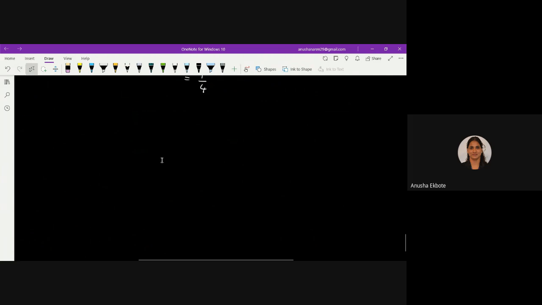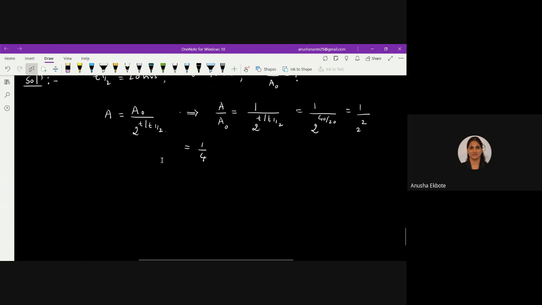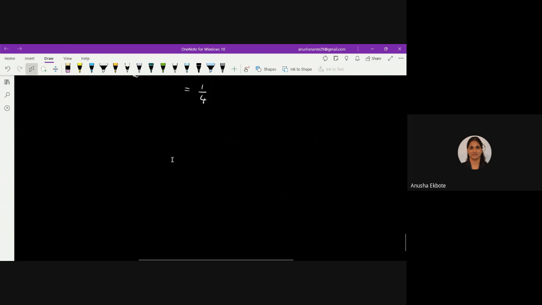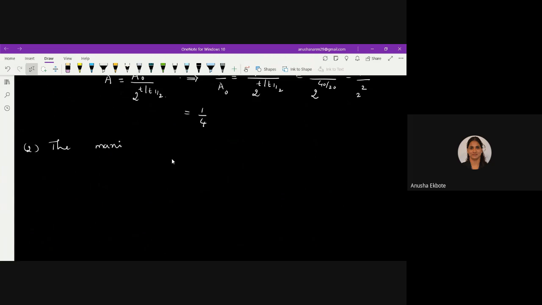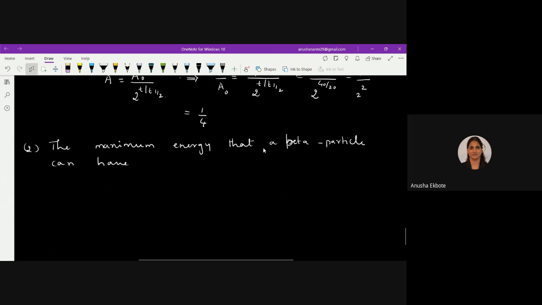Let's come to one more problem where we are going to discuss the maximum kinetic energy. The second problem: let me write the question first. The maximum energy that a beta particle can have in the following decay.